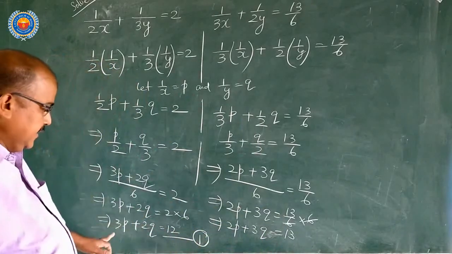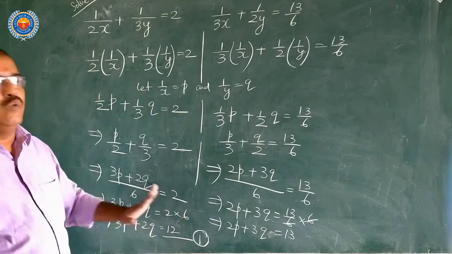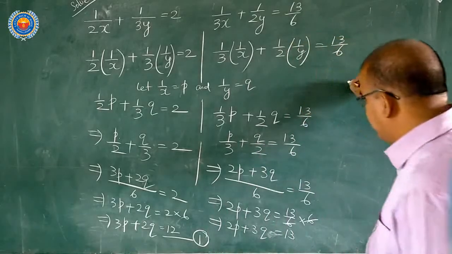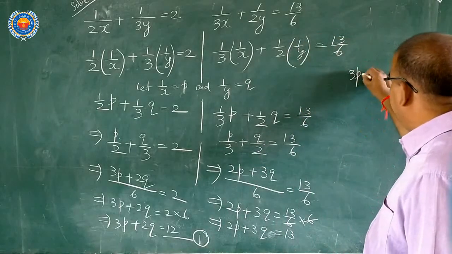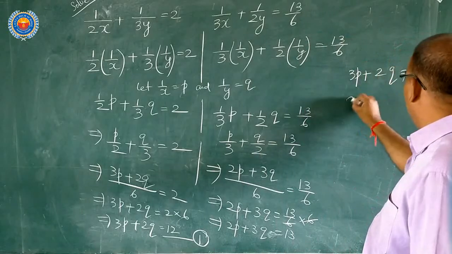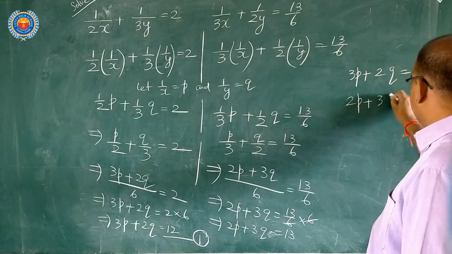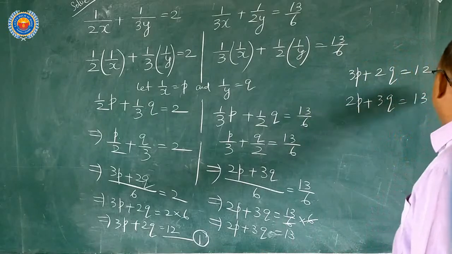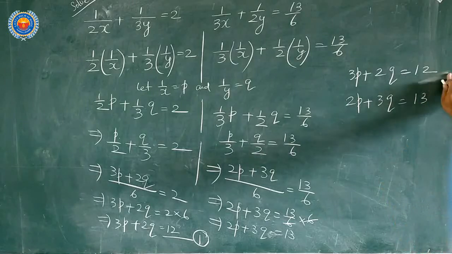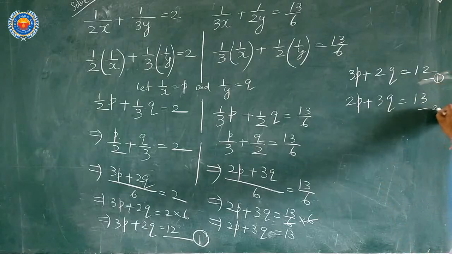First equation, 3p plus 2q is equal to 12. Second equation, 2p plus 3q is equal to 13. This is equation 1 and this is equation 2.